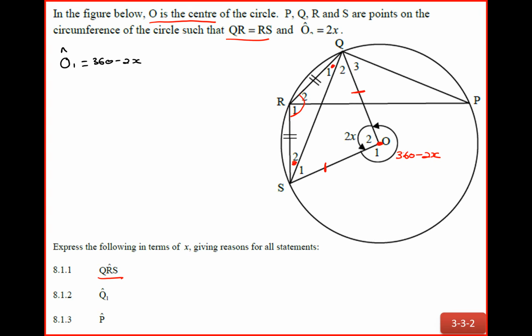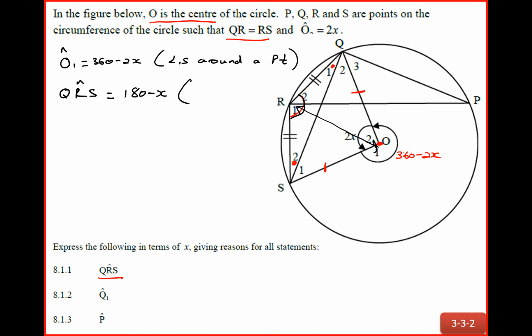And that is because angles around a point. It's a revolution. So if O1 is equal to 360 minus 2x, we now see a relationship between O1 and this whole of QRS. So in other words, QRS should be equal to half of 360 minus 2x, which is 180 minus x.